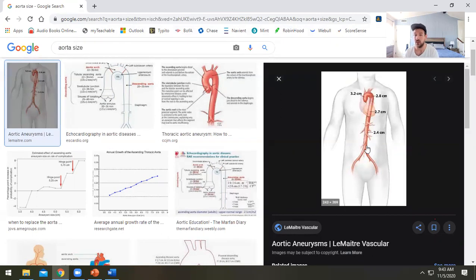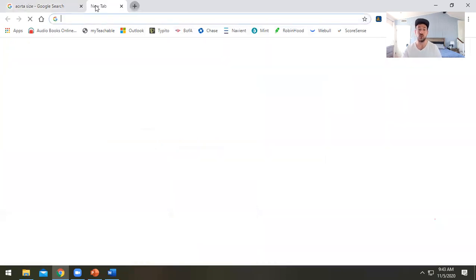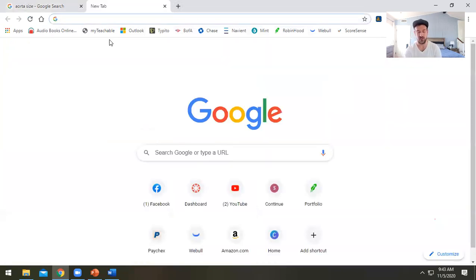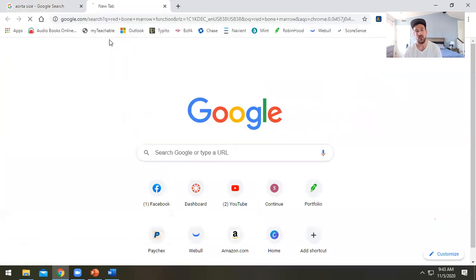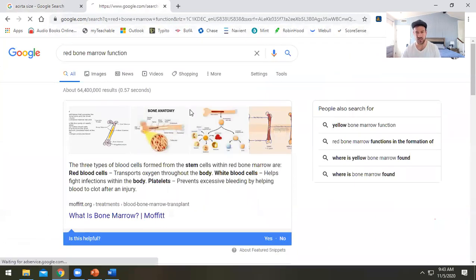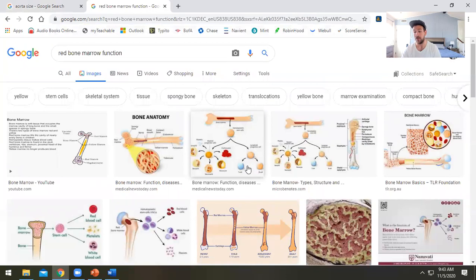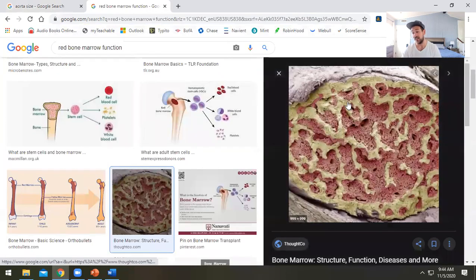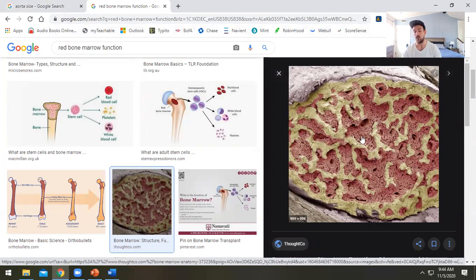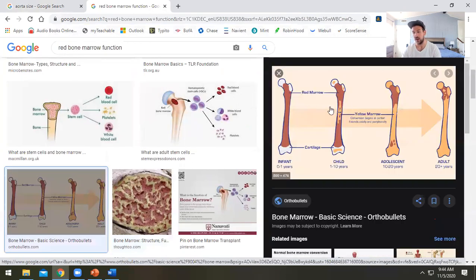So I didn't mention it earlier, but your bones are what make your blood cells. So you've got white blood cells and red blood cells, right? So you've got red bone marrow, which is located throughout the main body of the bone. When we're looking at the marrow part of your bones, this is where your blood cells are getting created, right?